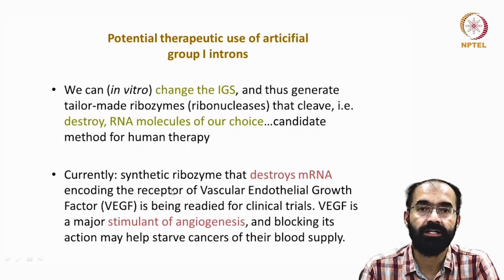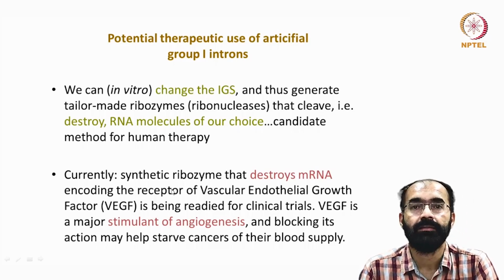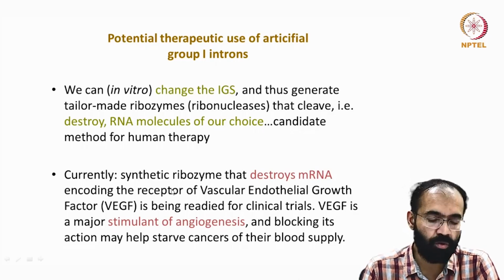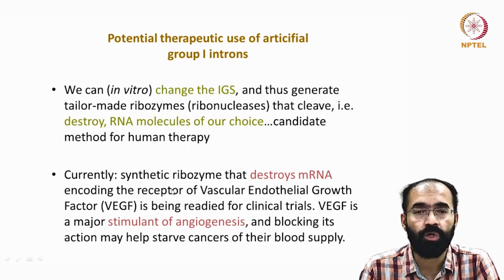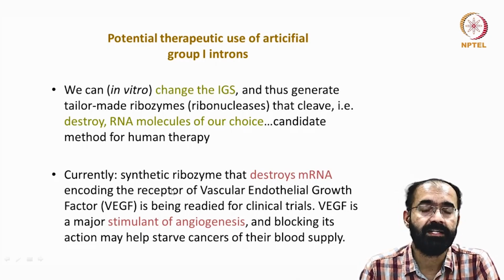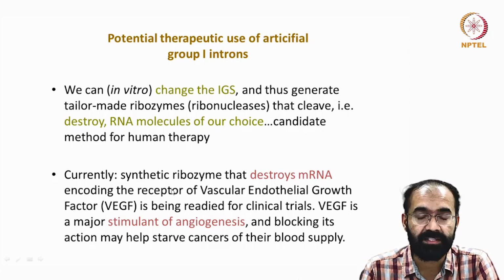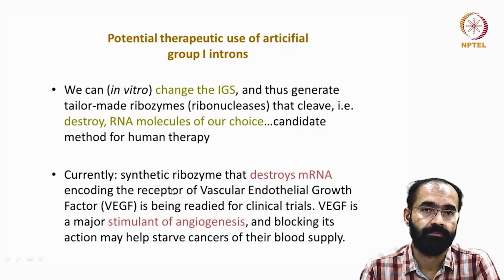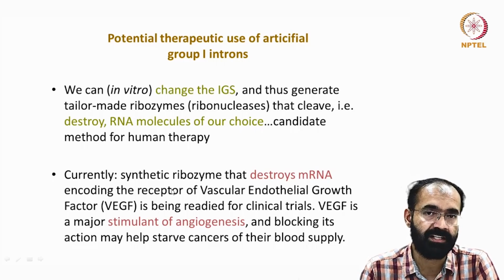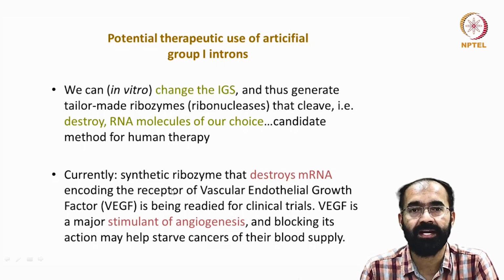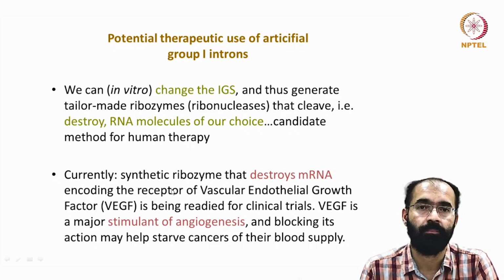VEGF is an important molecule. VEGF is a ligand or a growth factor, which binds onto its receptor and creates the blood vasculature. You know, when cancer is developing, it needs faster supply of blood. So when you have a tumor, then inside of the tumor needs adequate oxygen, adequate glucose, nutrition, etc. But when you are rapidly dividing, blood vessels need not form.